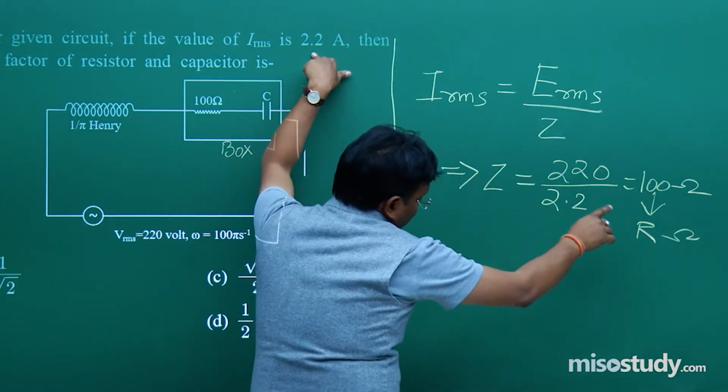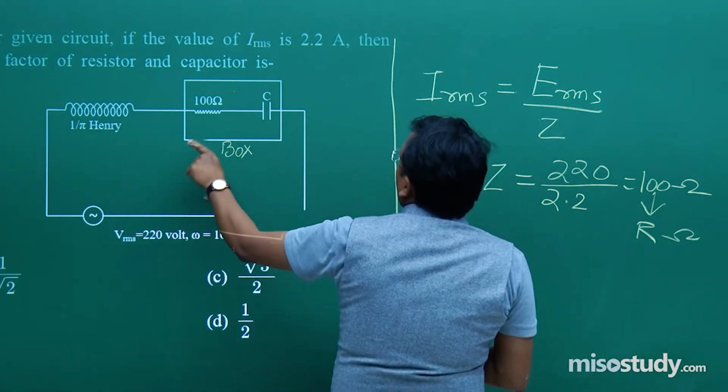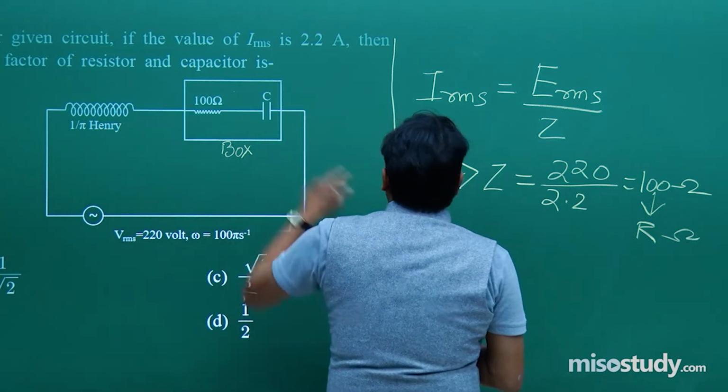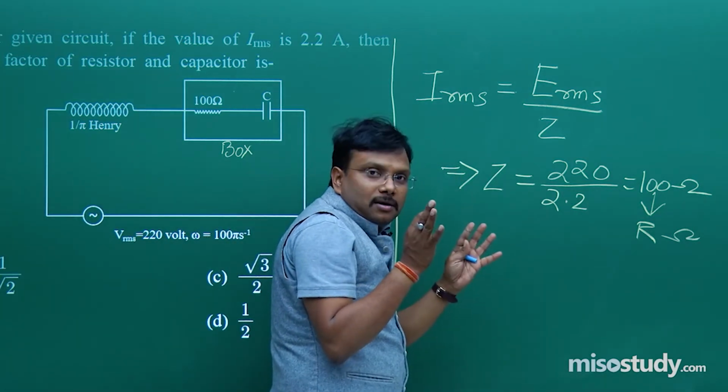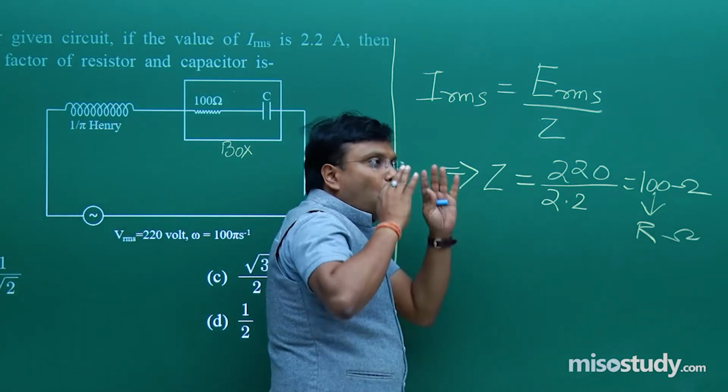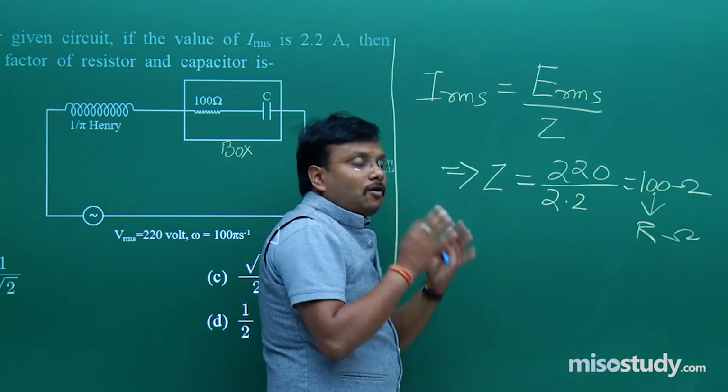Fine. Now, if this value is given to me, then what is the power factor? Power factor is cos phi. Fine. Power is equal to VRMS IRMS cos phi.